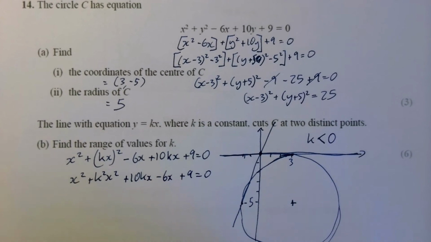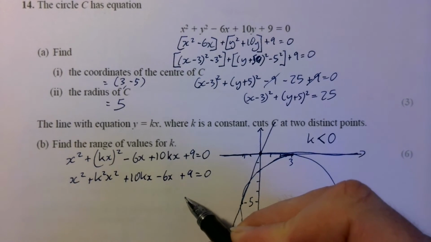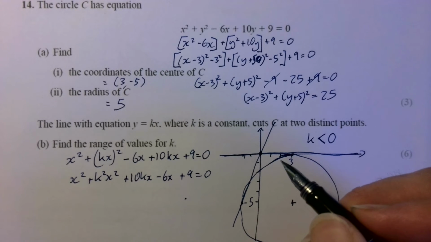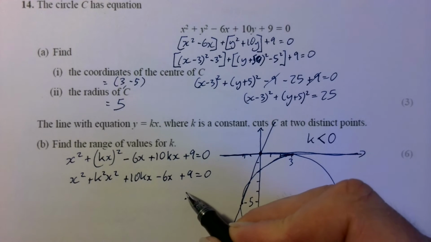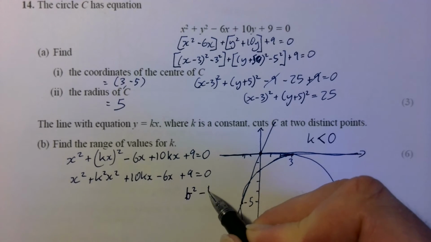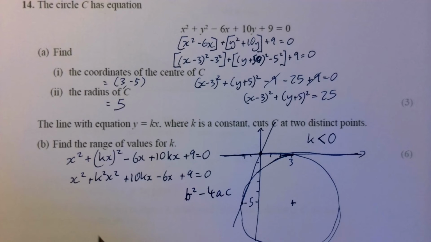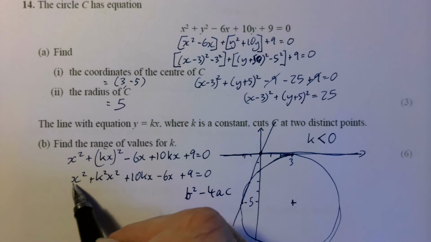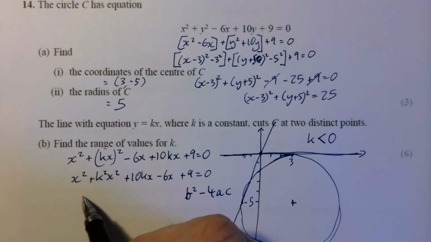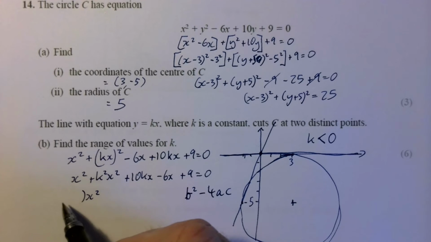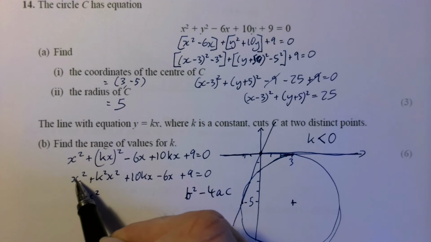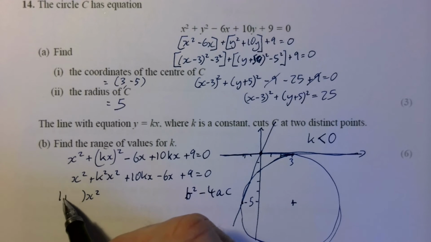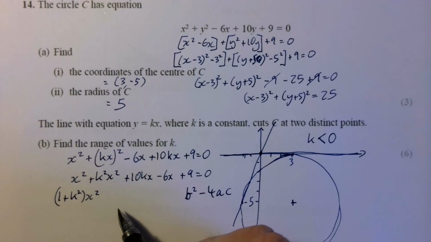Now the discriminant, if you remember, is what's under the square root in the quadratic formula. So that is b squared take 4ac. Now what's a, b and c? A is the coefficient of x squared. So let's factorize with x squared. What would we be timesing x squared by? We'd be timesing it by 1 plus k squared.